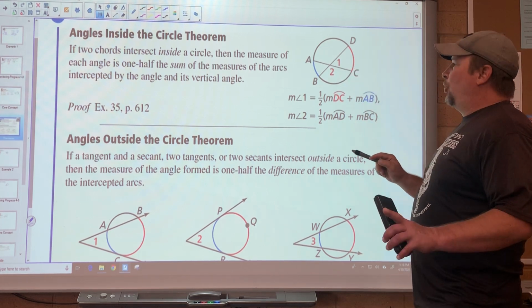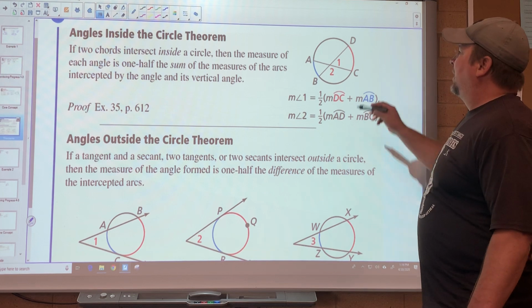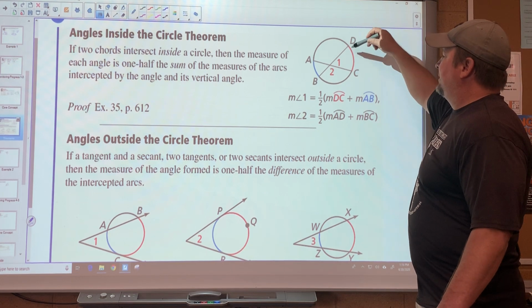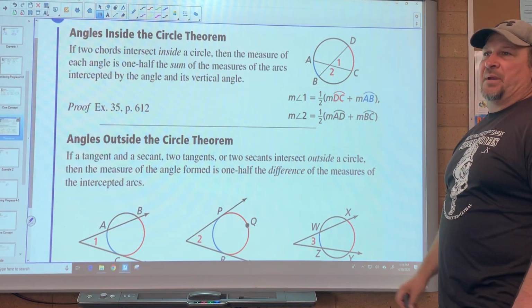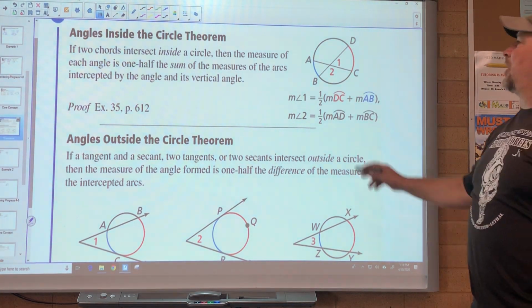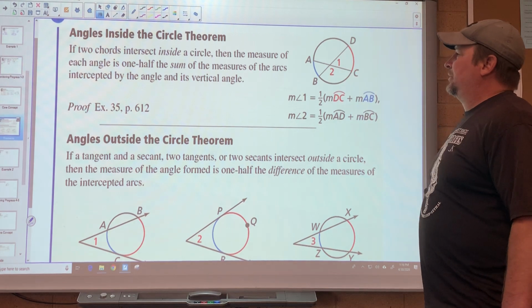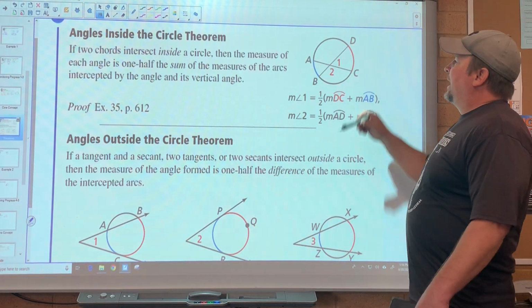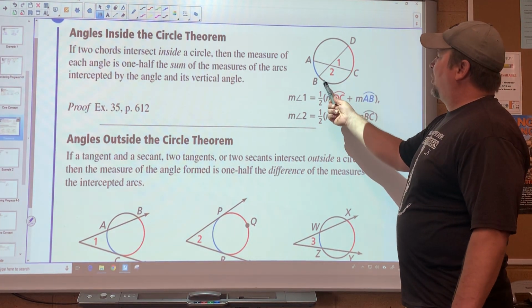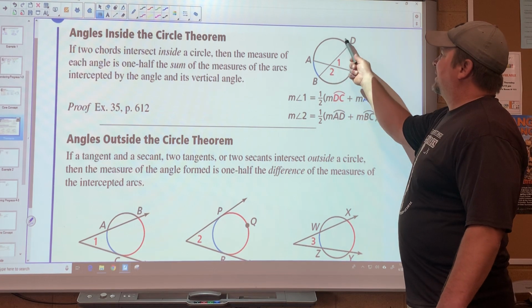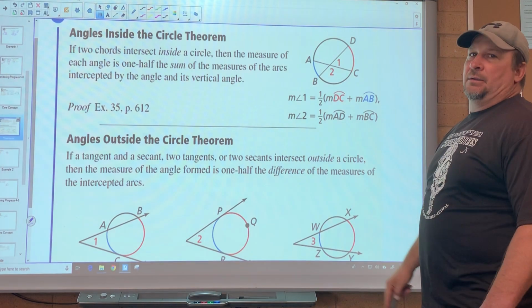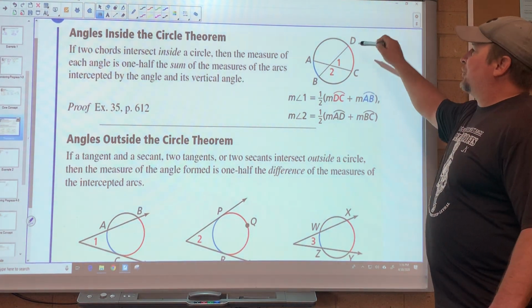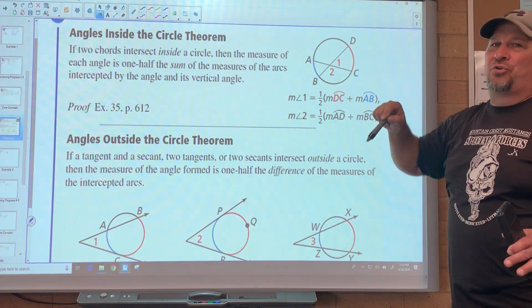Angle 1 will always be half of arc DC and arc AB, the ones that are vertical from it. So remember that. We'll add up those 2 arcs and cut it in half to get that angle. In contrast, angle 2 would be this arc plus that arc cut in half. Those are the vertical ones from it. Okay? So we'll deal with ones where 2 lines cross, but they don't cross in the center.